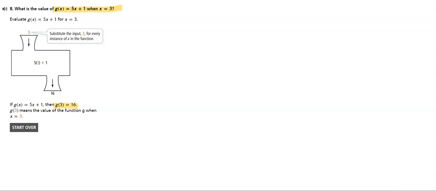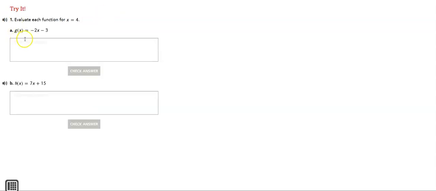So let's practice. Here we're going to evaluate each function if x is 4. I'm going to type it out so you can see. g of x equals negative 2x minus 3. Now I want to know what g of 4 is going to equal.